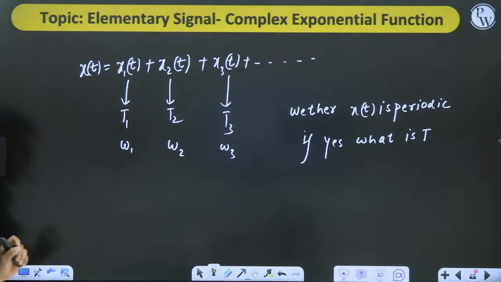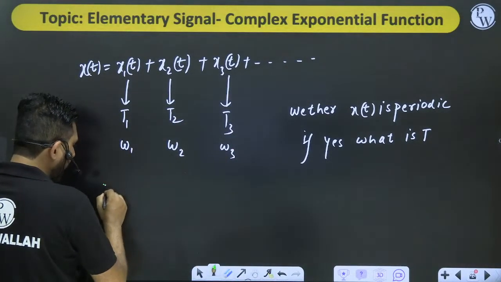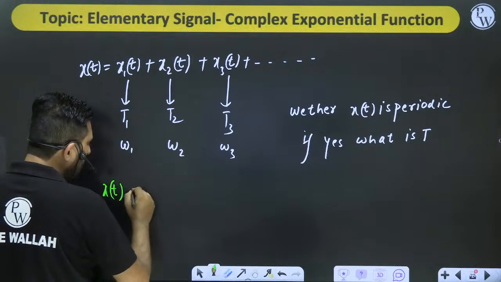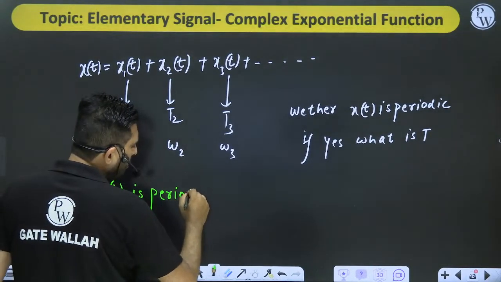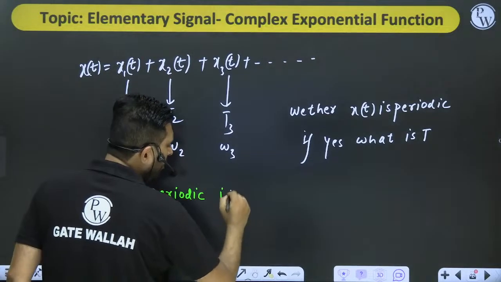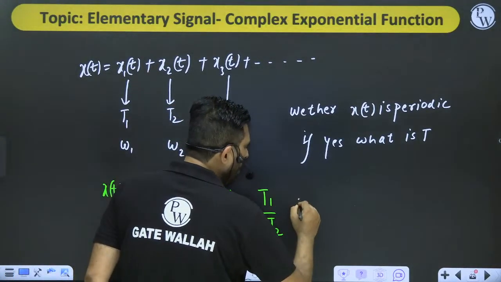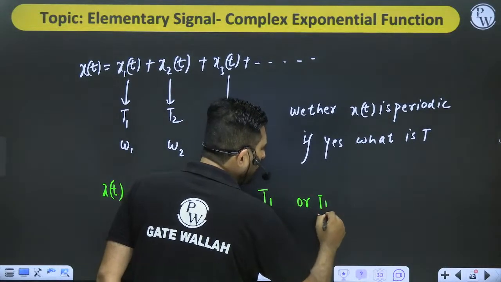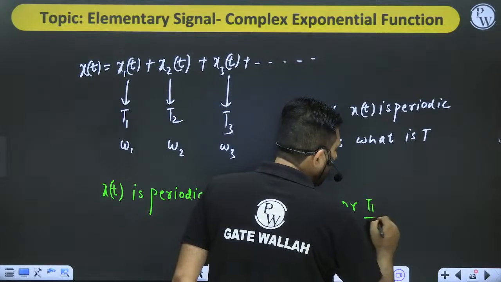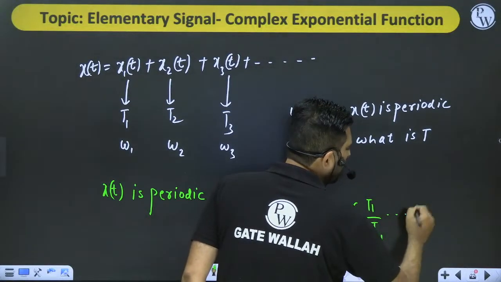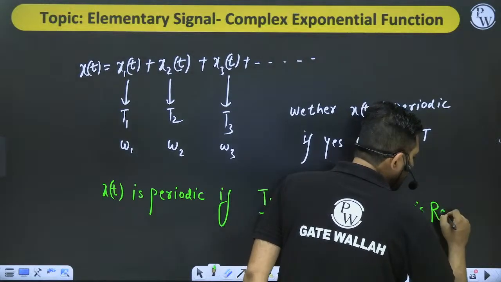Listen carefully. This is periodic if x(t) is periodic if T1 by T2 or T1 by T3 or T1 by T4 and so on is a rational number.